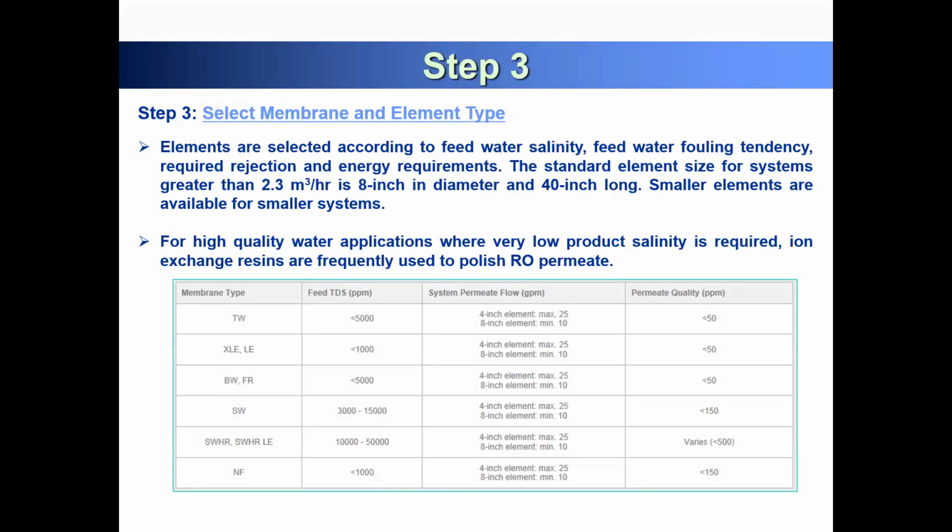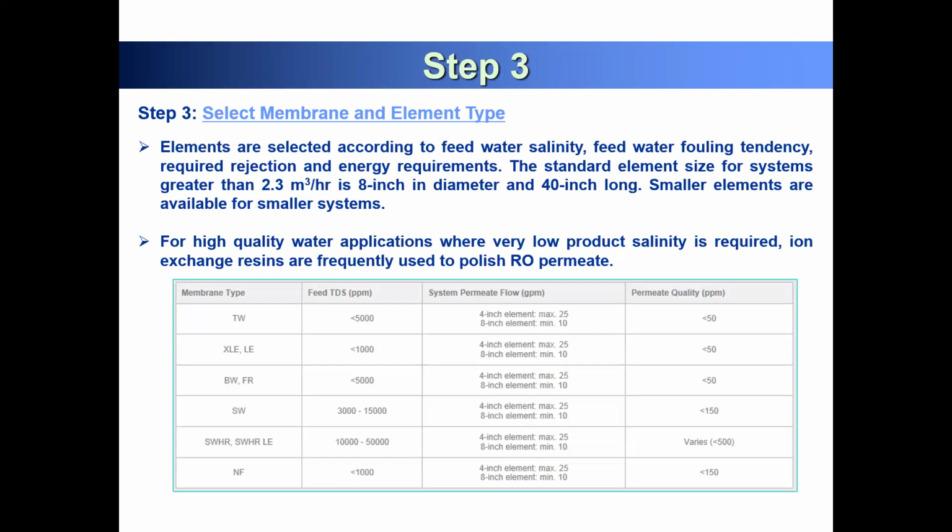And membrane and element type. In fact, you are not the commercial company of the membrane, so you may ask them, okay, I want to treat this kind of water quality, which membrane type and membrane element would be best for our wastewater reuse or even desalination, because they already have good experience.